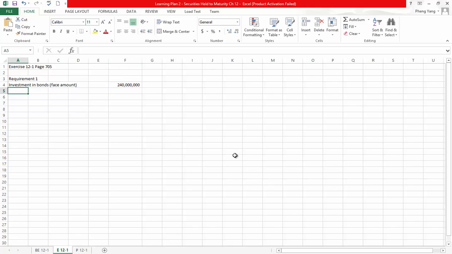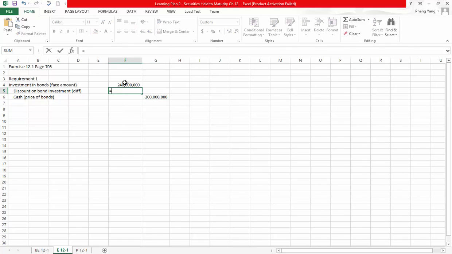And then our credit amount is going to be discount on bond investment, and the cash, the price that we paid for the bonds. So we paid cash in the amount of 200 million. Our difference, which is the discount, will then be 40 million. So that's requirement 1.